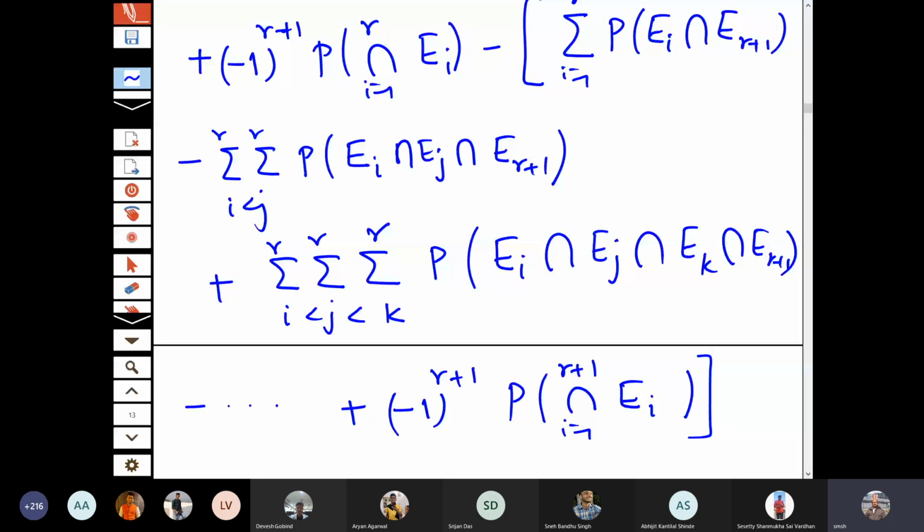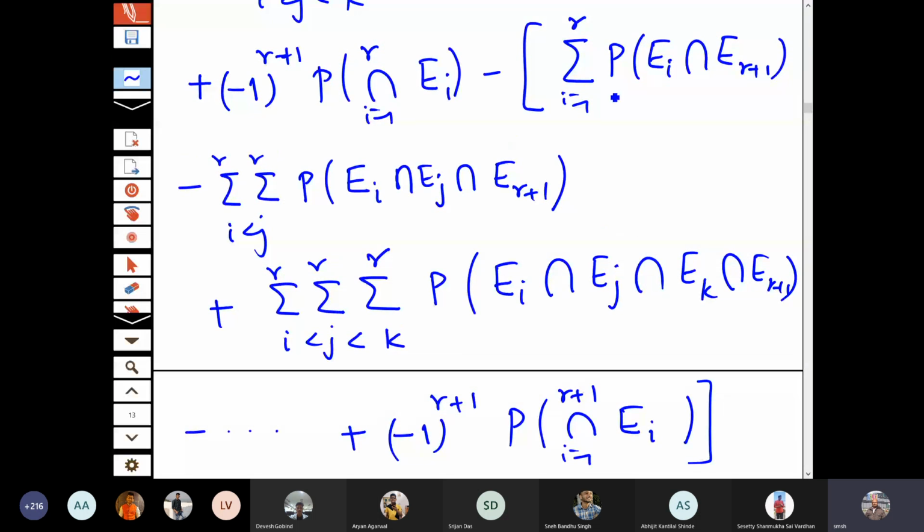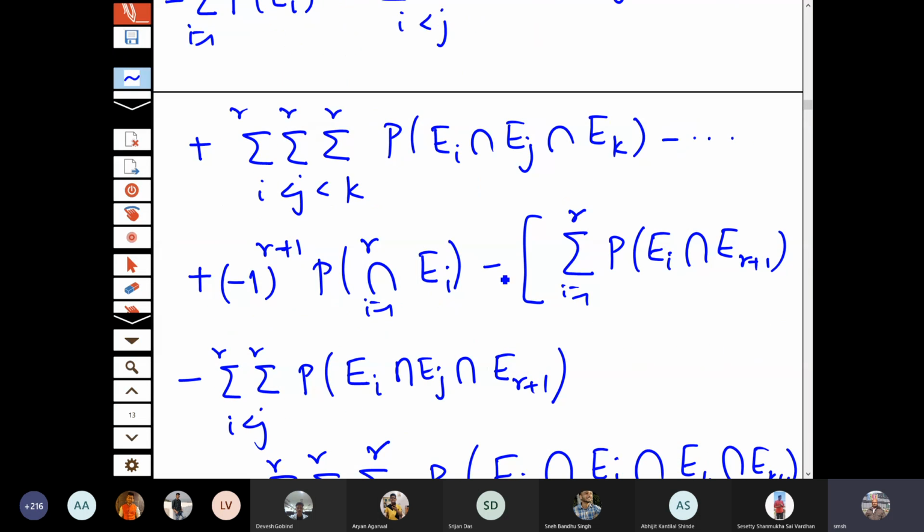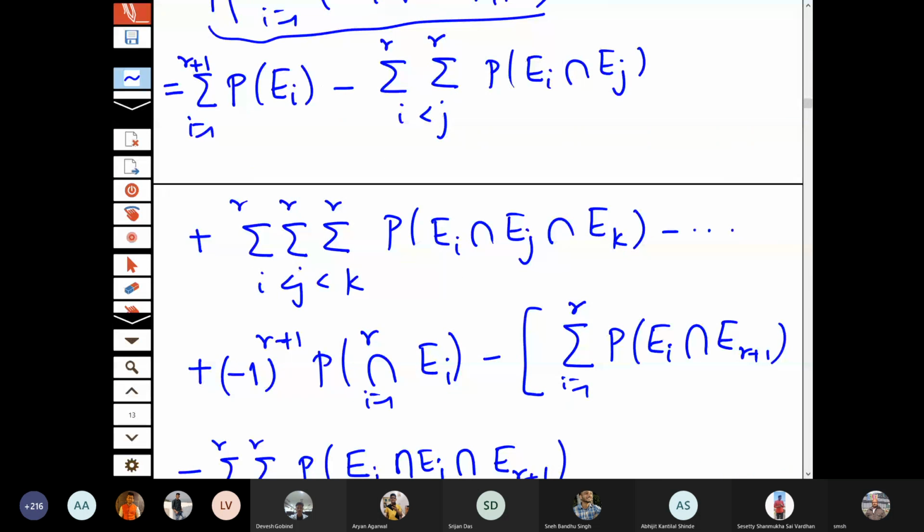Now, let us look at these terms. You look at this part here, sigma probability of EI intersection ER plus 1 for I equal to 1 to R. So what are these terms? This is probability of E1 intersection ER plus 1, E2 intersection ER plus 1, up to probability of ER intersection ER plus 1. And this is with a minus sign. And you look at these terms here. What are these terms? E1 intersection E2, E1 intersection E3 up to E1 intersection ER.